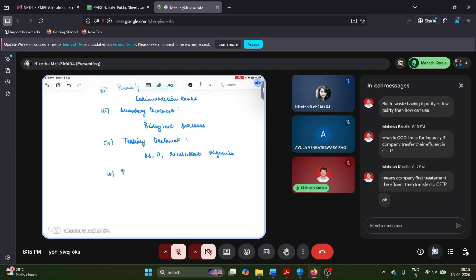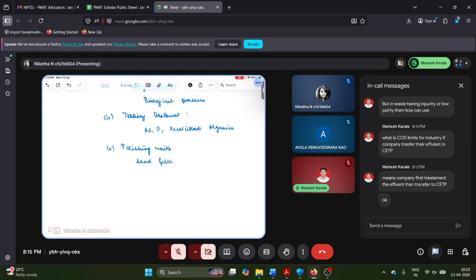And then having polishing units. Polishing units include sand filters, activated carbon filters, and so on. And then sludge management.